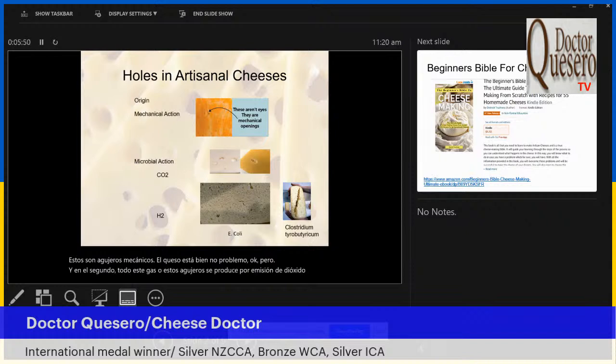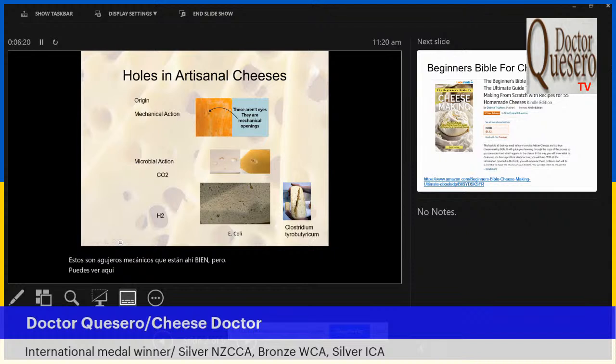But the third case is when we find this type of cheese, with so many holes, heaps of holes, and they are very small. You see these holes here? These are mechanical holes. But you can see many holes here.